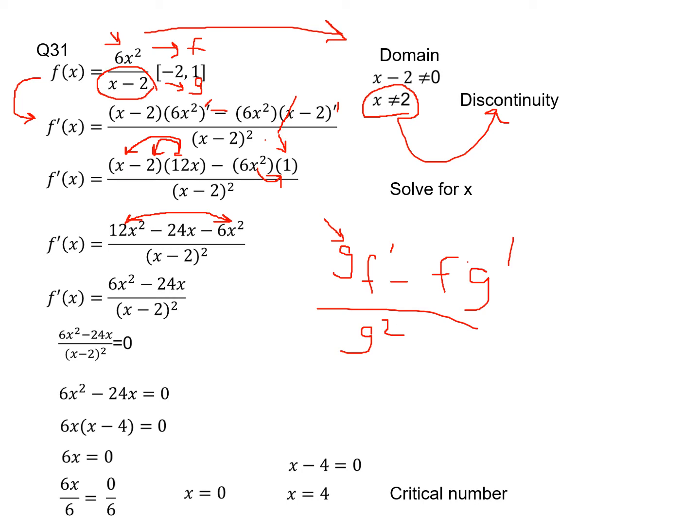At this stage, because you have a numerator and denominator, the simple thing is that you cross multiply. This denominator, x minus 2 whole square, when multiplied by 0, will give you 0. And 6x square minus 24x multiplied by 1 gives you the same terms.